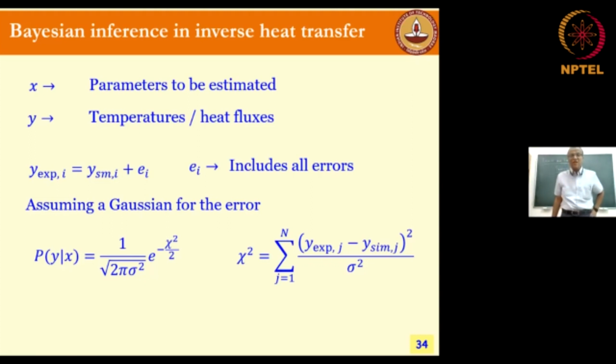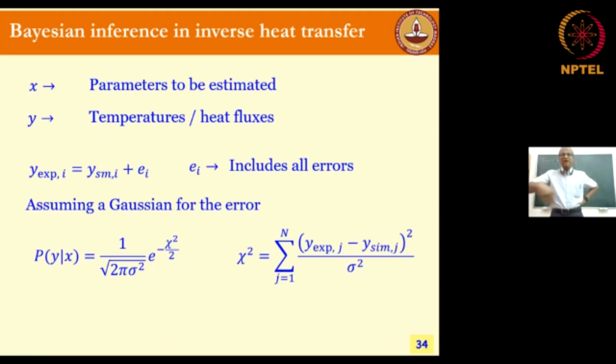Not t i, this is t 1, 2, 3, 4, 5, 6. So t1 given q. Now in that case, this is similar to finding the likelihood function that we have done in the maximum likelihood estimate, right?